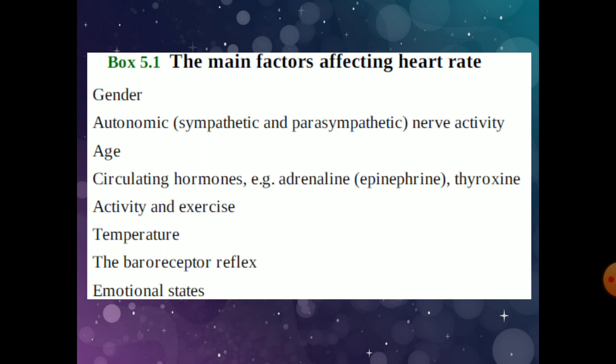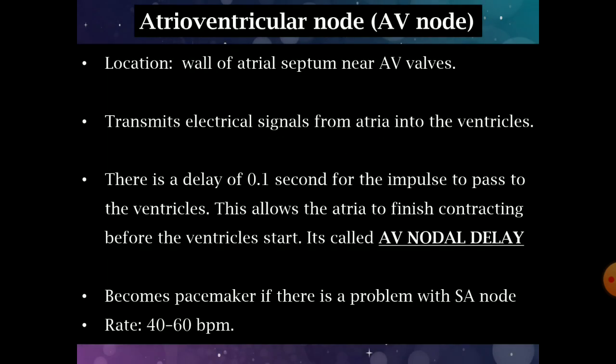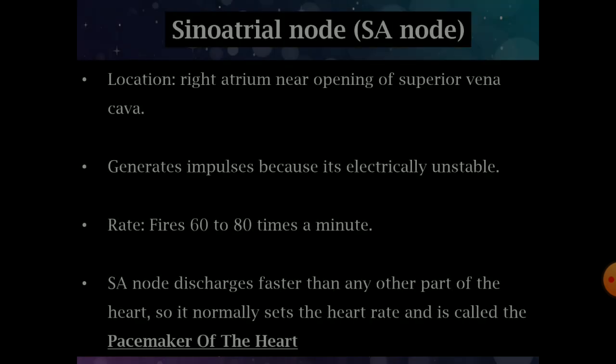And there is emotional state, in any anxiety, any excitement, in any case of emotional state, it also affects the heart rate. It increases or it decreases the heart rate. So we have completed our topics of today, the conducting system of the heart and the factors that affect the heart rate.